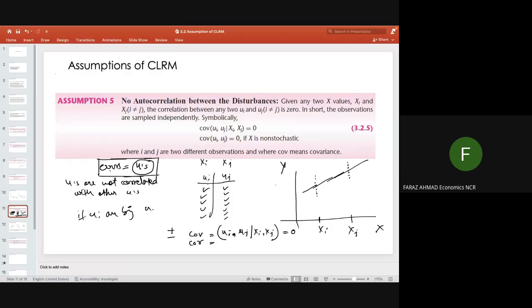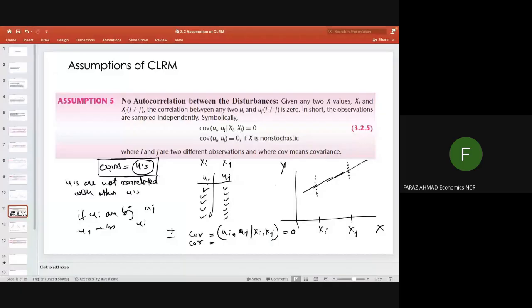That means if UIs are big numbers, then you cannot say anything about UJs, whether they will be big or small. If UJs are big, you cannot say anything about UIs, whether they will be big or small. That's the interpretation of zero covariance, right?